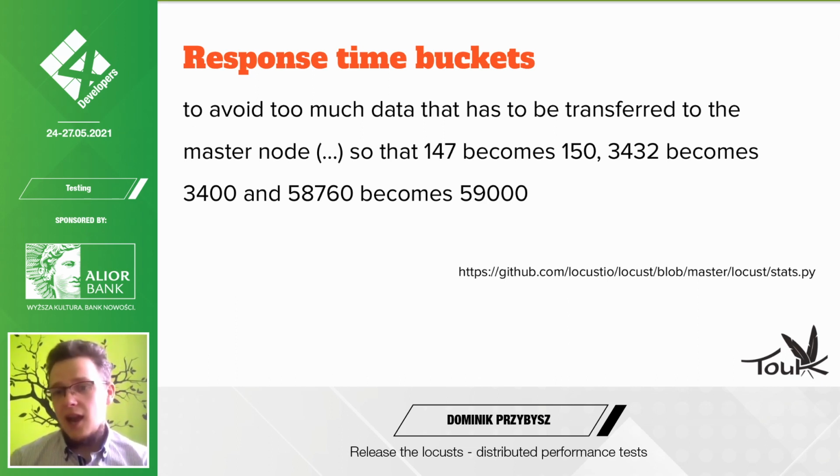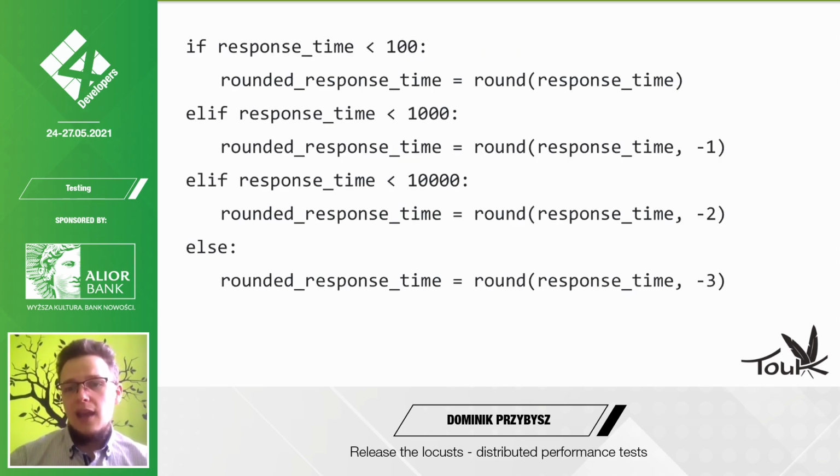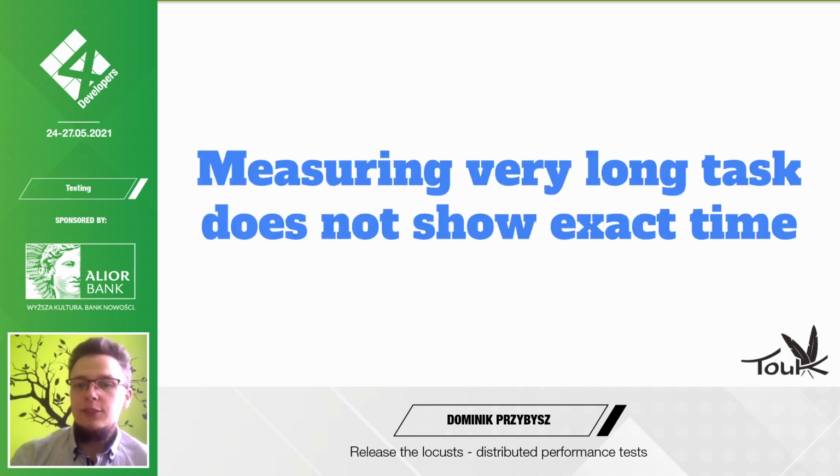and to check how it works in a real test, you have to find the proper code which handles that. Yeah, and here you can check that the buckets are pretty big, and it won't be a problem for you, especially when you have very short tasks to interact with your tested system. But in some situations, when you want to measure very long tasks, you won't have an exact time for each of the tasks.